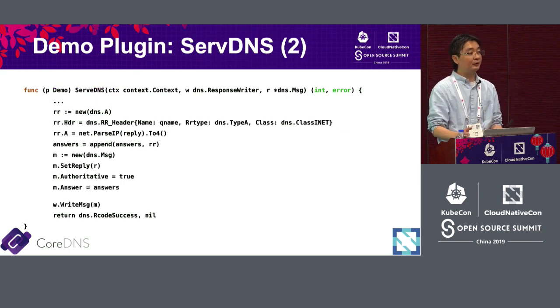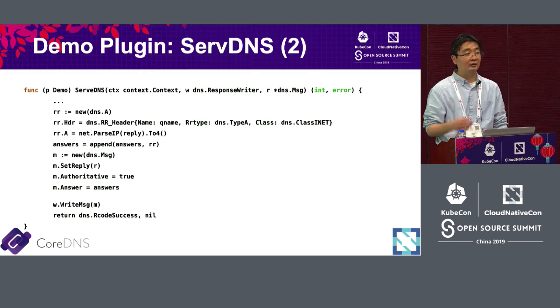So let's continue. We've got the first part processed. The second part is essentially you can decide what you want to reply. Now, you need to construct a DNS reply packet. The packet essentially is a resource record header with type A, and the class is INET type.